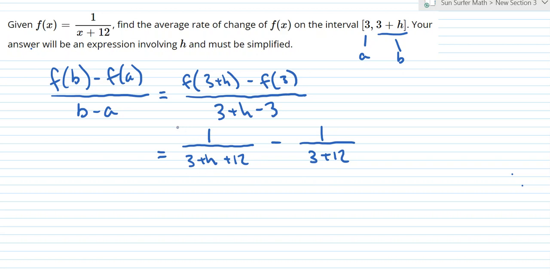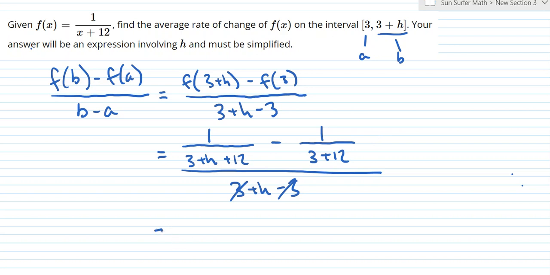Instead of dividing by 3 plus h minus 3, it will be divided by h. Right now we're going to have the 3 plus h minus the 3, which of course the 3's cancel out, so we simply have an h in the denominator. So in the next step, instead of dividing by h, I'm simply going to multiply by 1 over h.